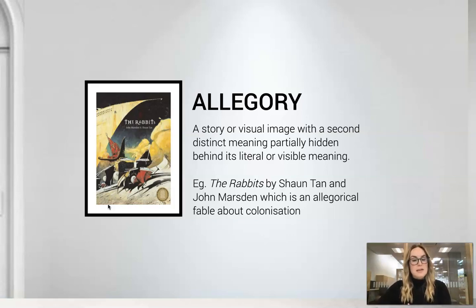However, when you dig a little deeper and do a bit more analysis, you realize that this is actually an allegorical fable about colonization, and more specifically, the colonization of Australia. And so you can then look at the meaning behind the rabbits and the numbats and some of the other symbols and figures in the text.